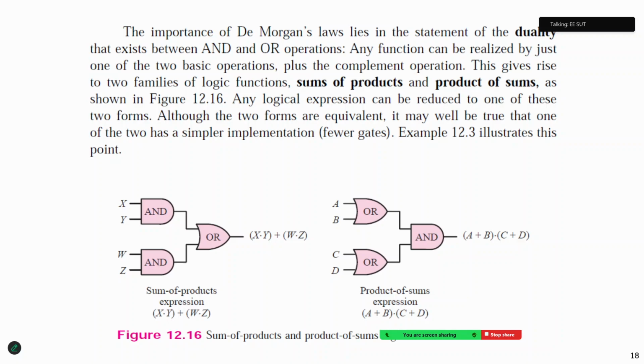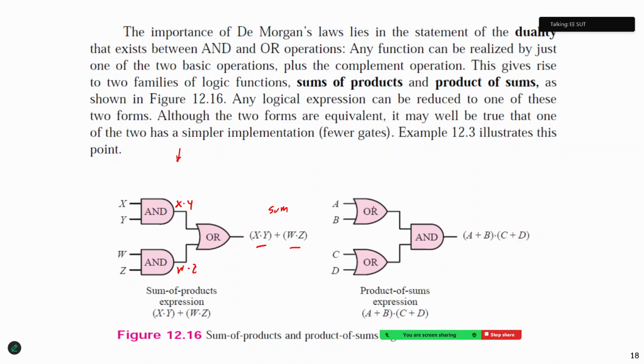So we also have two types of important logic, we call the sum of product and the product of sum. And this is the sum of product circuit, right? We have two signals to add together. Here we get X into Y, this we call the product. W and Z, this is the product, and all together we call the sum of product.